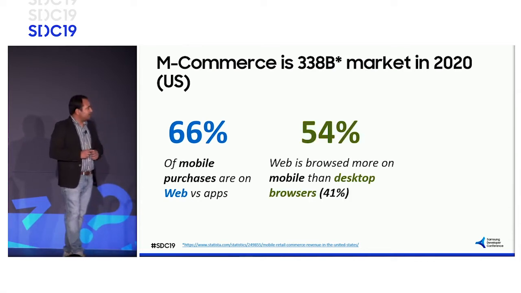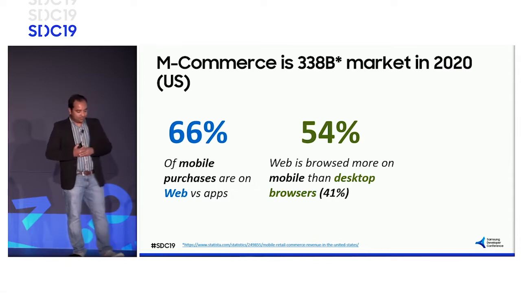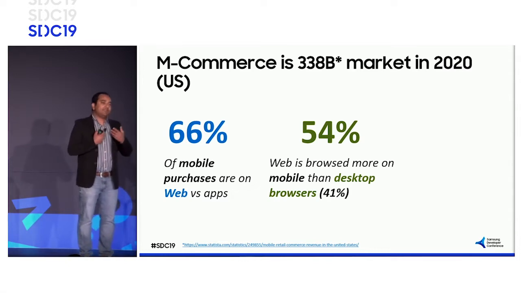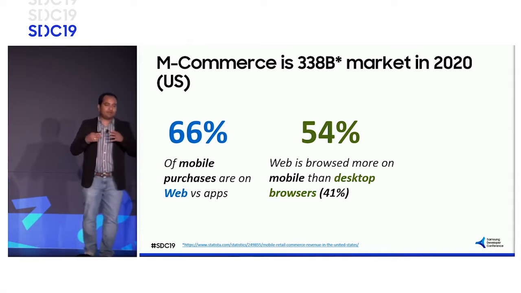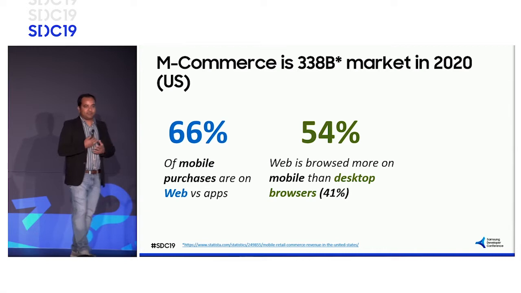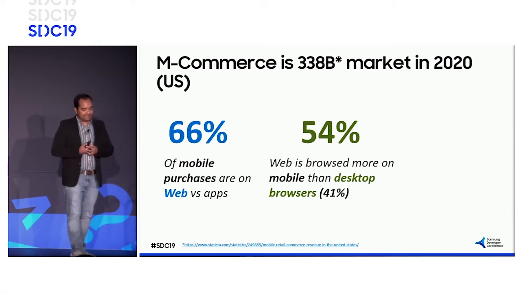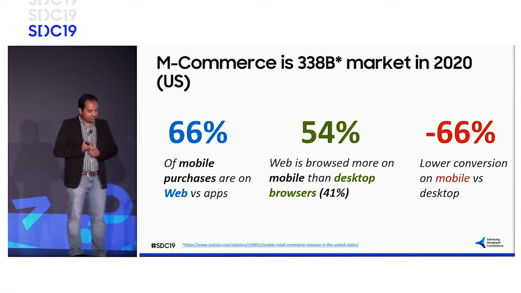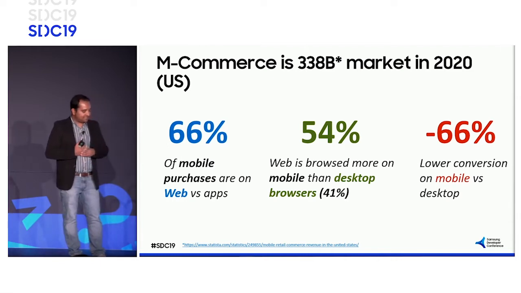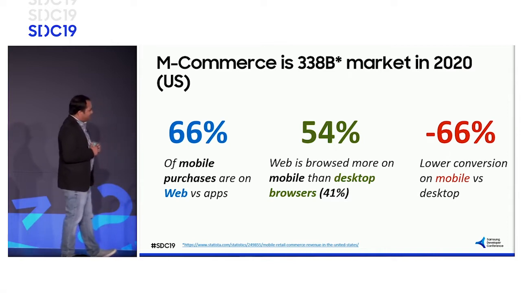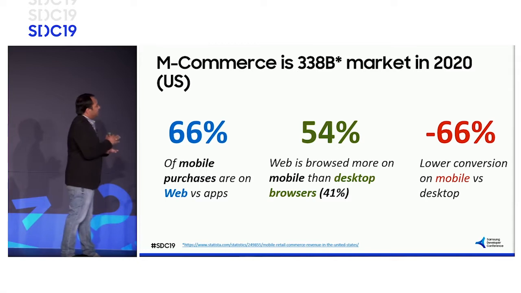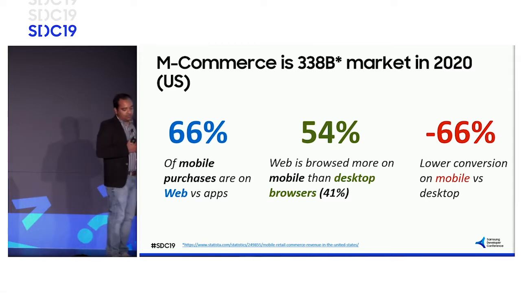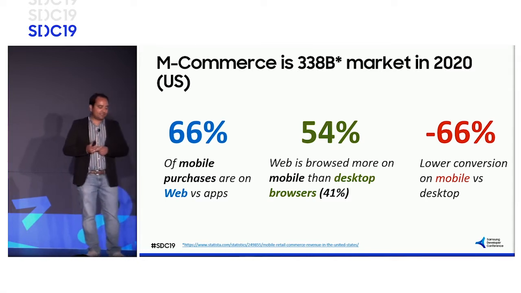Since 2017, mobile traffic on the web has surpassed desktop traffic, so internet traffic is already more on mobile than on desktop browsers today. Unfortunately, even though 66% of purchases happen on the web and web traffic is already more on mobile than desktop, the conversion is almost 66% lower than on desktop.